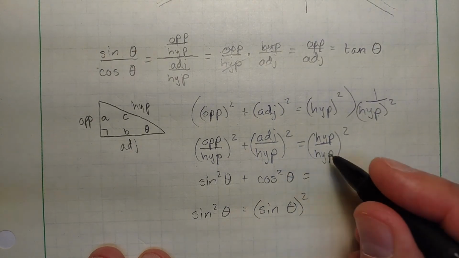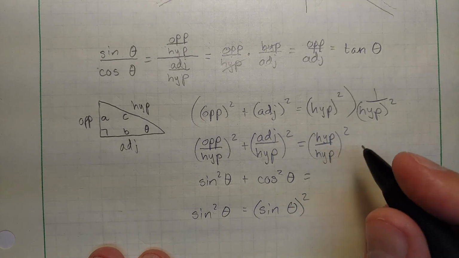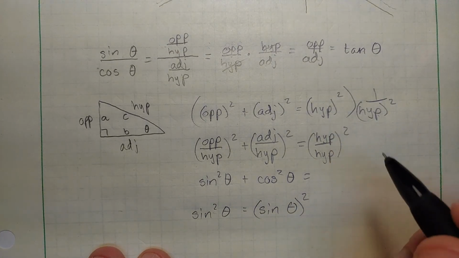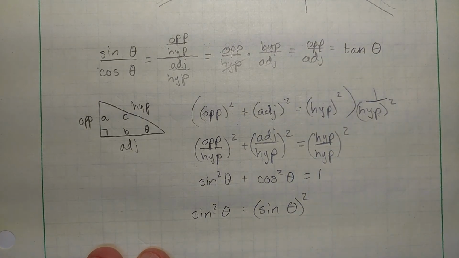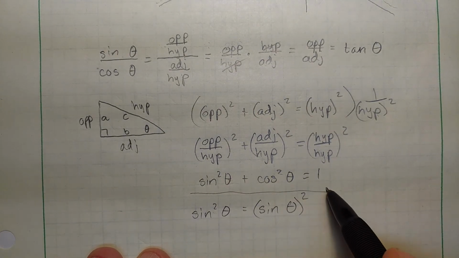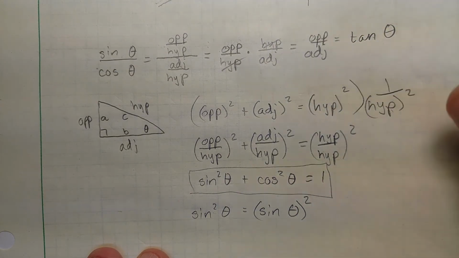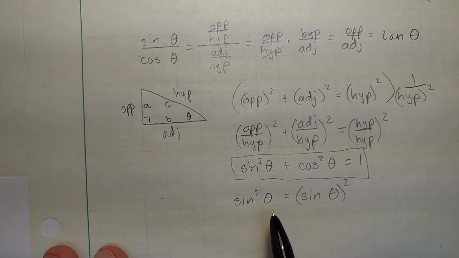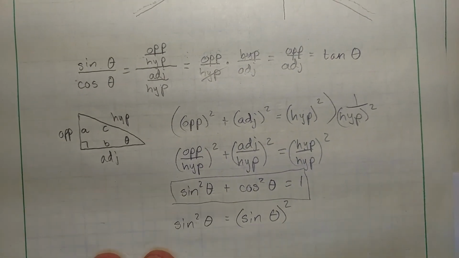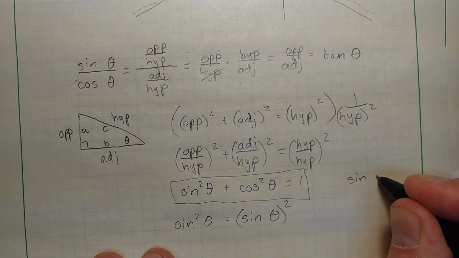And this hypotenuse over hypotenuse is 1. Anything divided by itself is 1, so we've got 1 squared, or 1. This is our Pythagorean identity right there. By the way, the reason we have this notation is that it avoids the confusion of this.